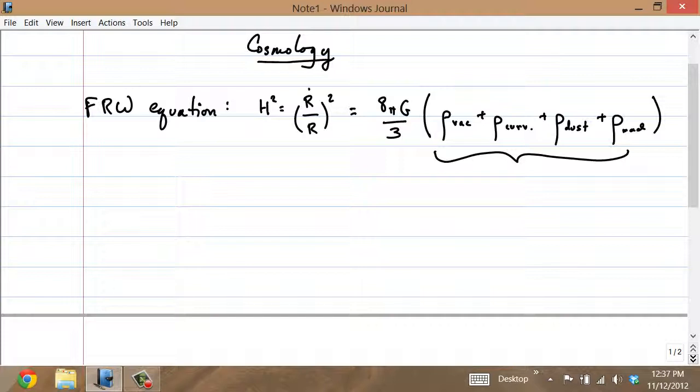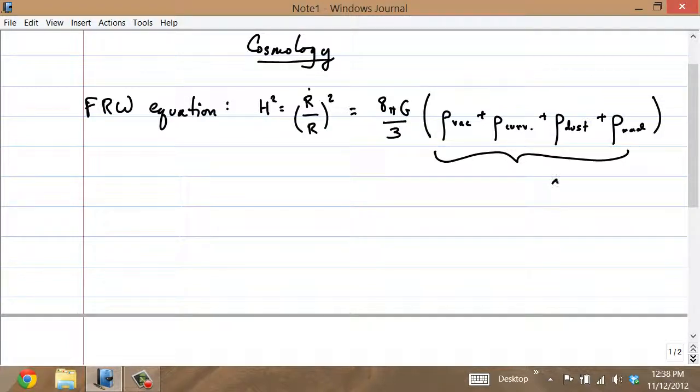That 1 over r cubed just coming because as the universe expands in size by some amount, the density of matter must decrease as that matter is spread out more thinly across the entire universe. And rho radiation was the term that redshifts, i.e. decreases in energy, the most rapidly as a function of r.